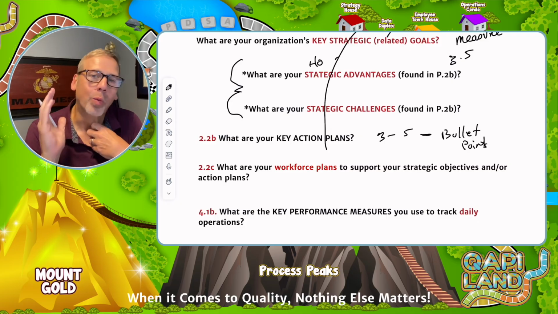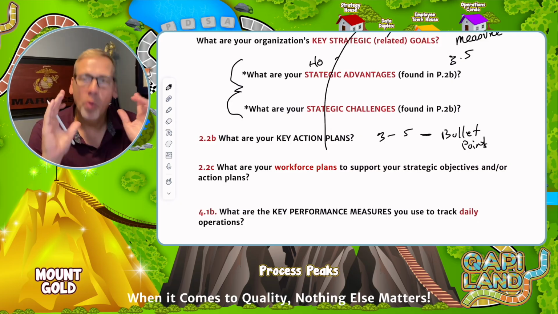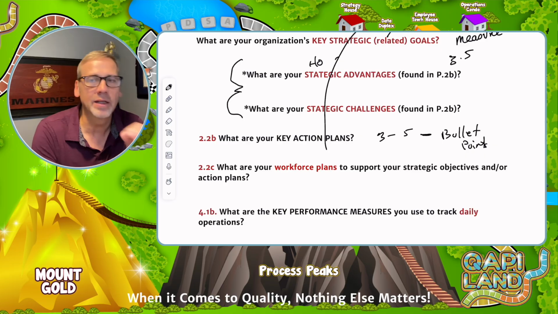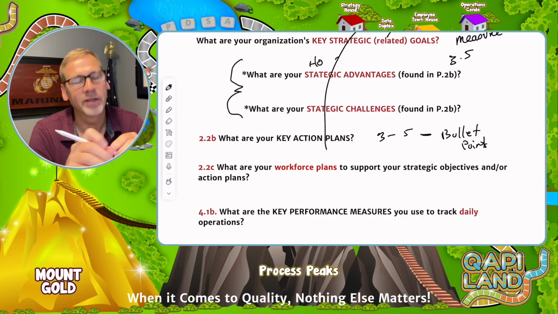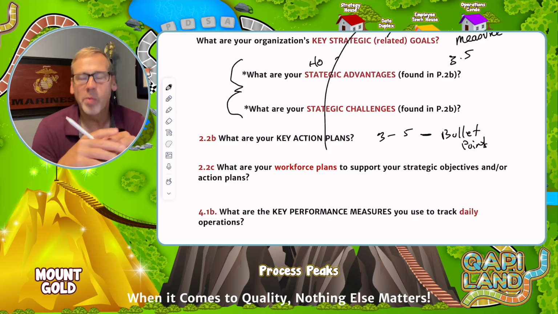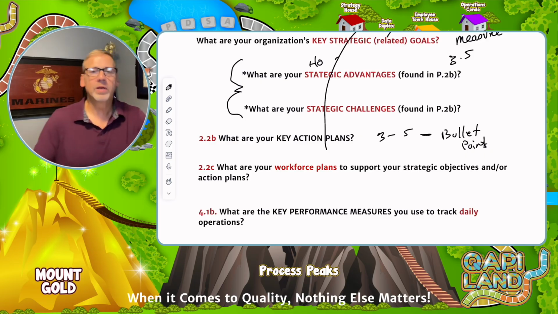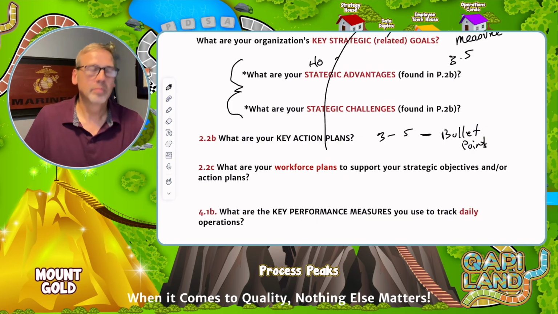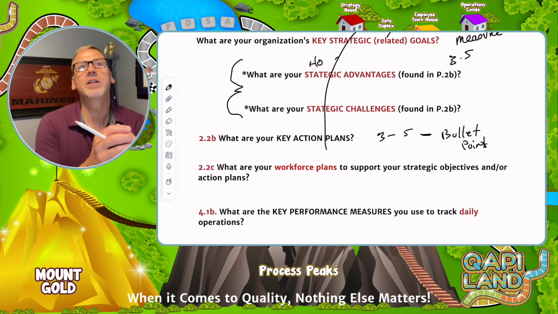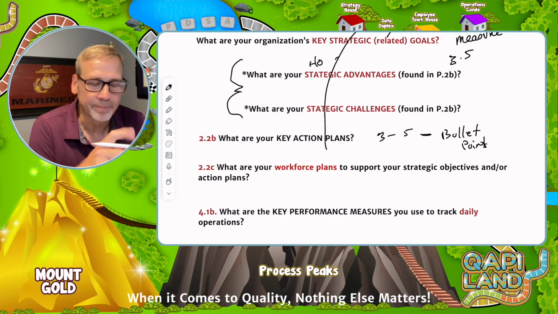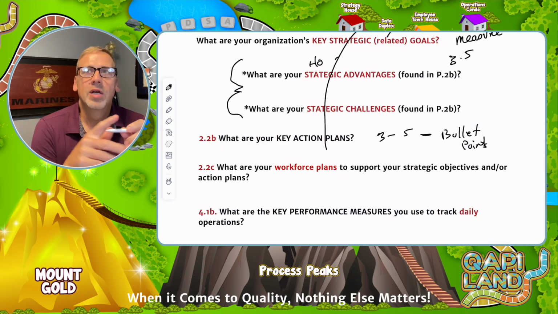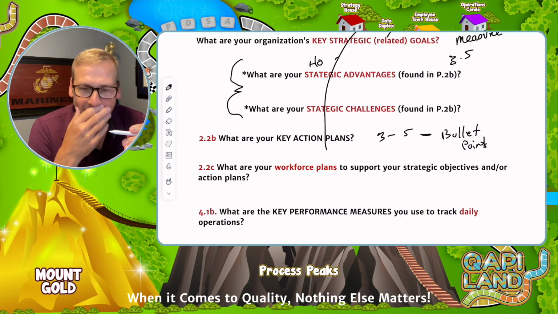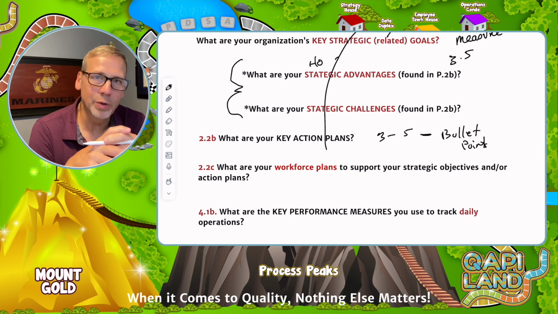What are your workforce plans to support your strategic objectives and/or action plans? And what this is simply saying is we want to know, all right, we know what you want to do, if it affects staff. Imagine if you want to increase census and you have a challenge, because many of us lost so many residents coming out of the pandemic.